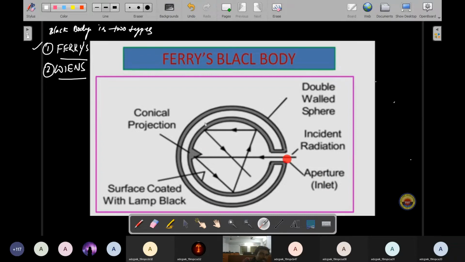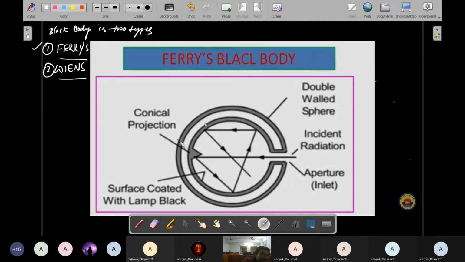On the exact opposite side of the aperture, we have a small projection. This projection is called a conical projection, and projection means a little bit of a bump.